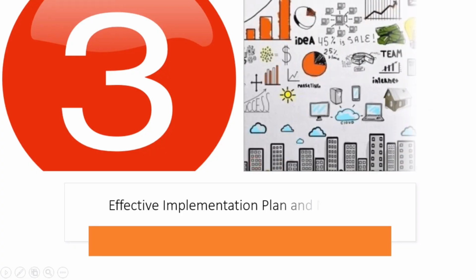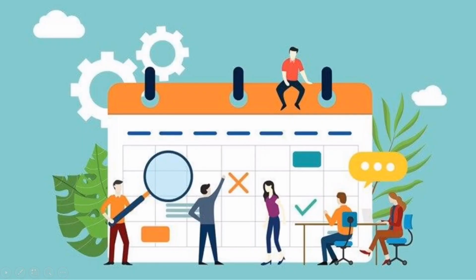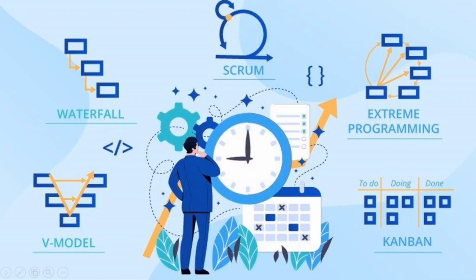Now let's move to reason number 3, which is related to planning. With a good understanding of the project components, all the outputs, outcomes, and activities, you can plan your activities very well. You can plan what needs to be done and when, and also what needs to be monitored.